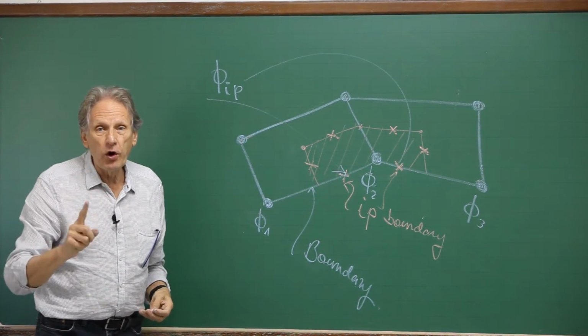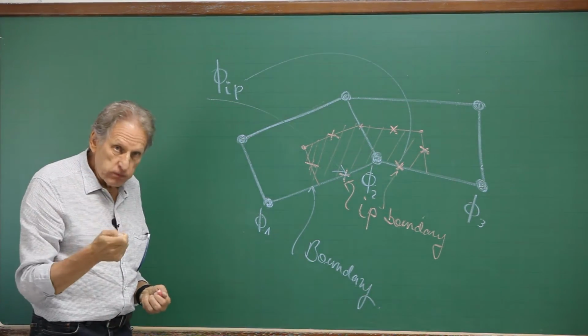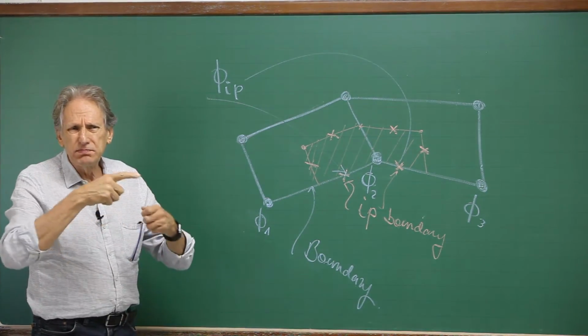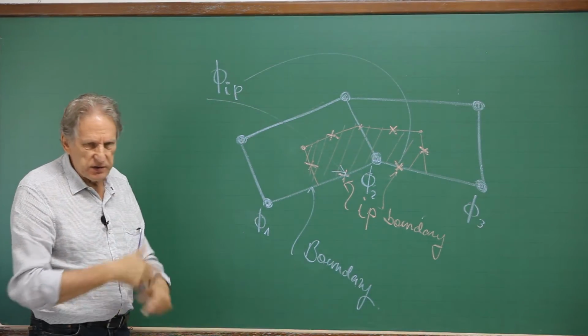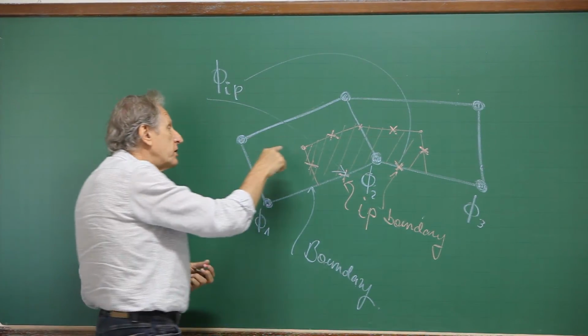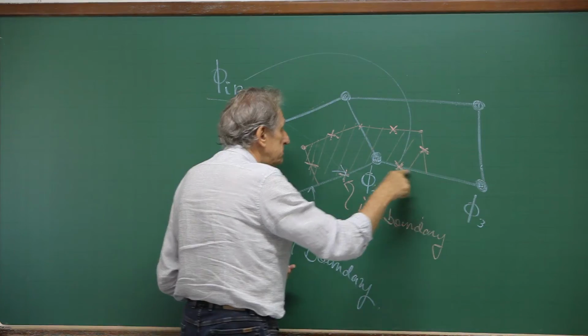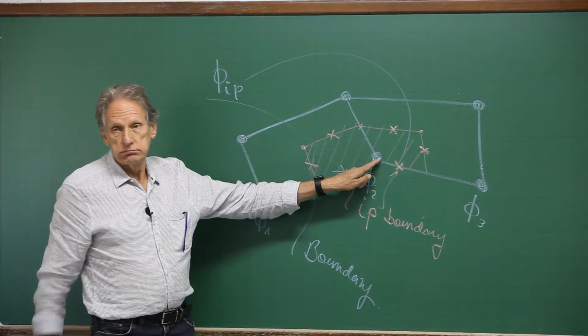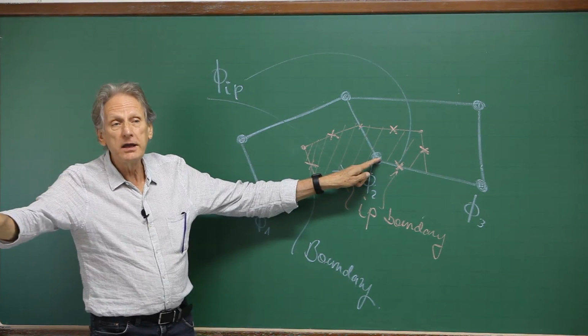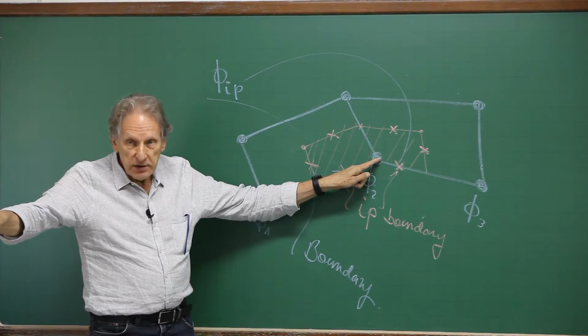Then I can do a mass or heat balance, energy balance, any balance I can do for this control volume. And I'm supposing I don't know this value. It will be on my linear system.